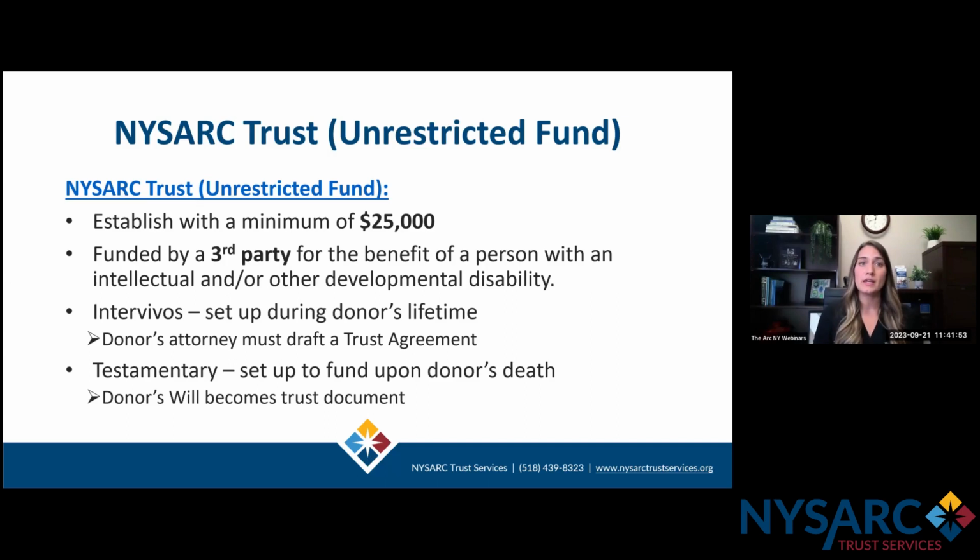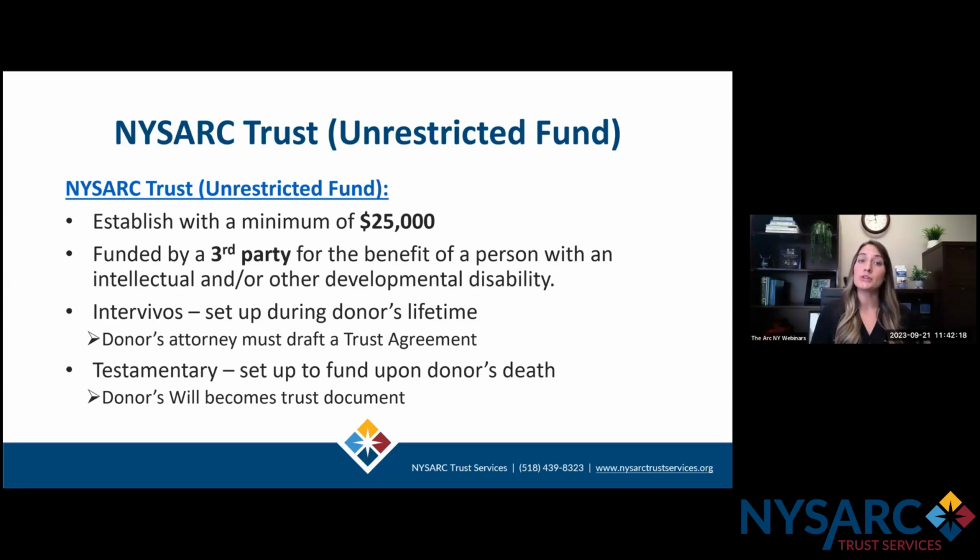This trust can be established with a minimum of $25,000. And again, like our third-party pool trust, it can either be set up during a person's lifetime and funded today, or set up as a testamentary trust to receive the proceeds from someone's estate or inheritance that someone is entitled to upon the death of the donor.